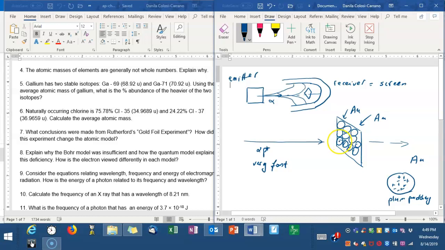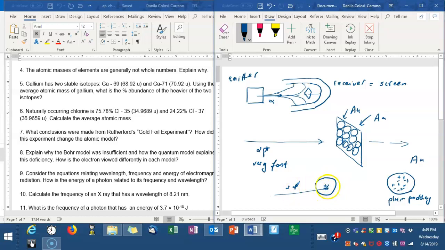So the only conclusion was that since this is plus and is deflected, the pluses are all concentrated in the center. When you shoot only 2 alpha particles, 2 pluses, those 2 pluses are not strong enough to make it through this whole barrier of plus charges.